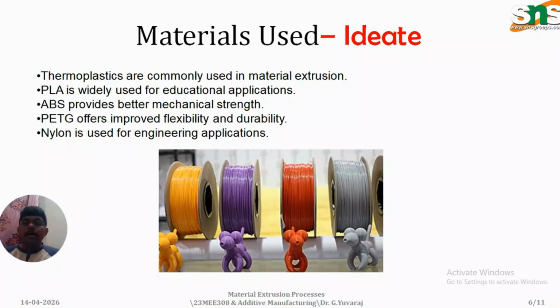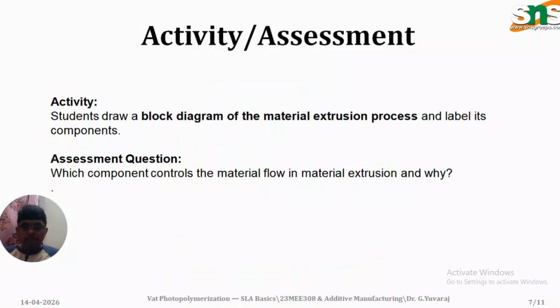Okay, and the material used is thermoplastics, and this layer process can generate parts either by adding material or by removing it. Based upon this, I am planning to give the students an activity.